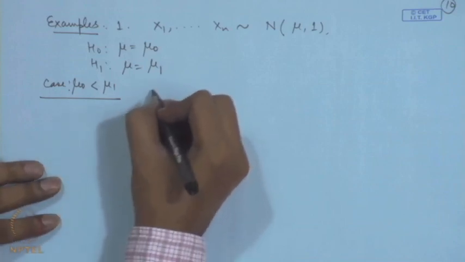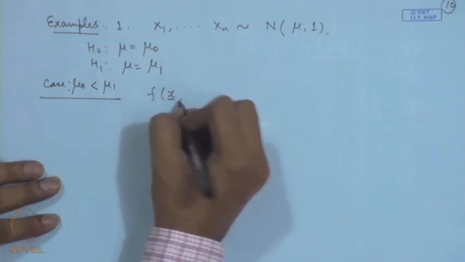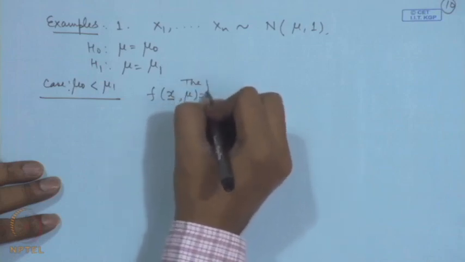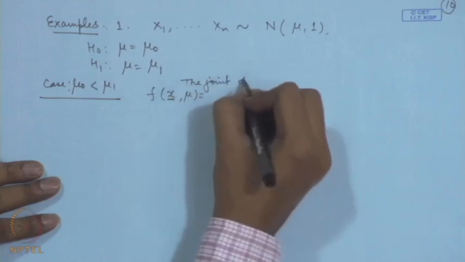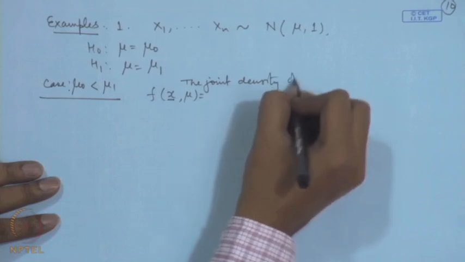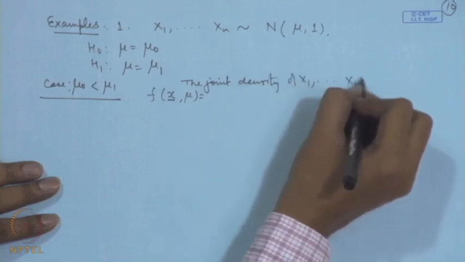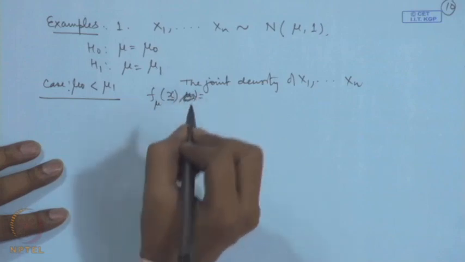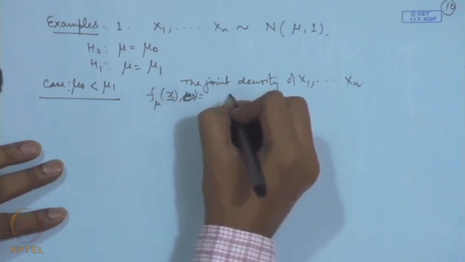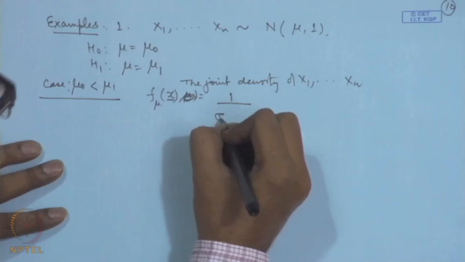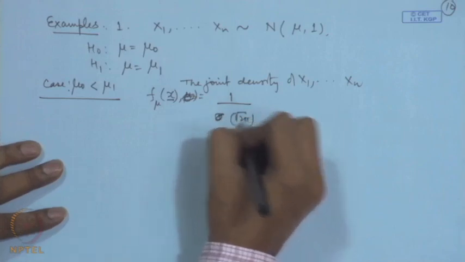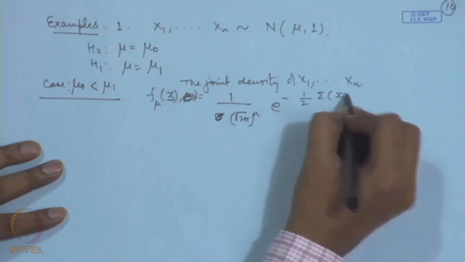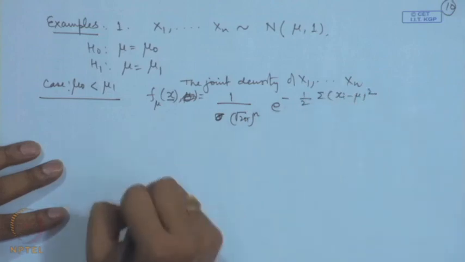So, let us write down the joint density of x 1, x 2, x n, that is at mu that we are calculating. So, that is equal to 1 by sigma 1 by root 2 pi to the power n e to the power minus 1 by 2 sigma sum of x i minus mu square.